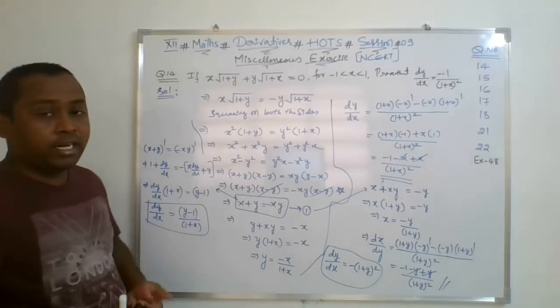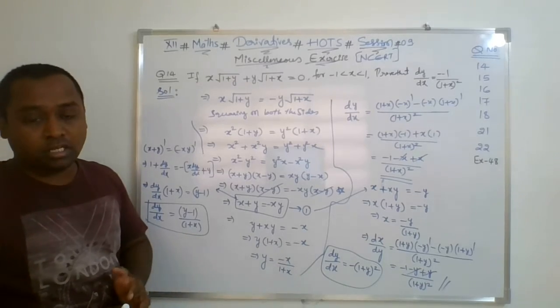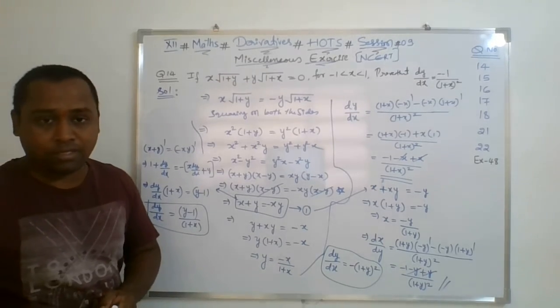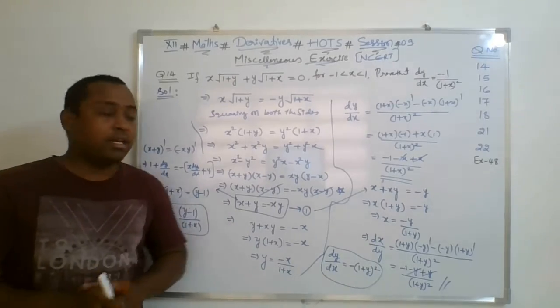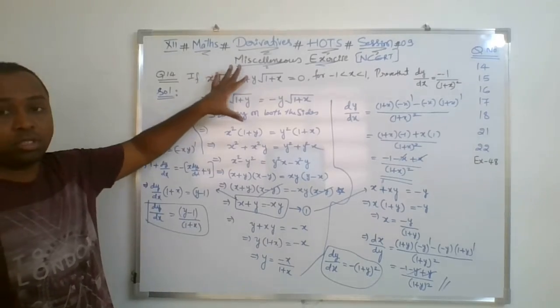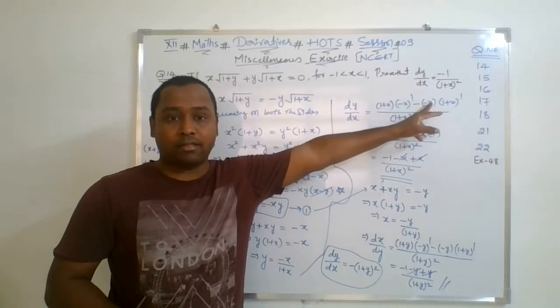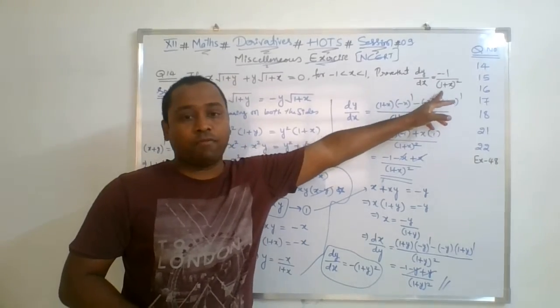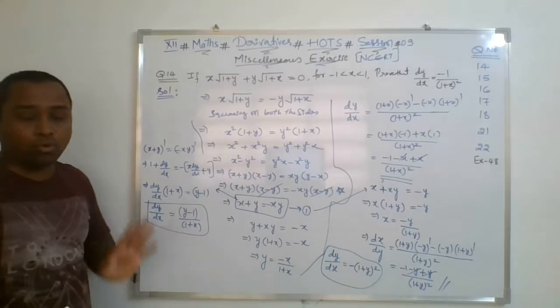The only need is to convert one term into the other. That is a different aspect. What I wanted to convey through this solution is that several answers may be possible for the same question, depending on whether they ask for the dy by dx answer in terms of x, in terms of y, or in terms of x and y both.